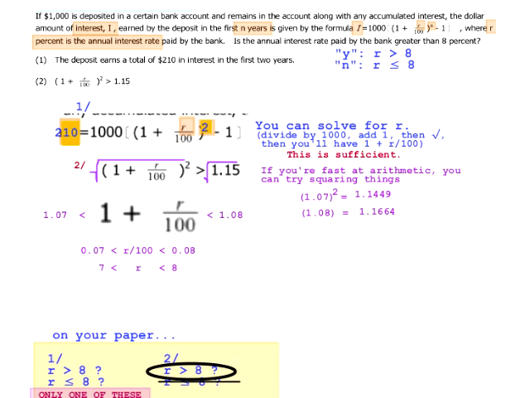Because the goal is R, and you already have something about R. So there would really be no point in doing that, because this would tell you about interest. But we don't want to know about interest. We want to know if R is more than 8, and this is already a statement about R. So this is not going to help you. And that's why you write these and you look at them with your eyes. Okay.